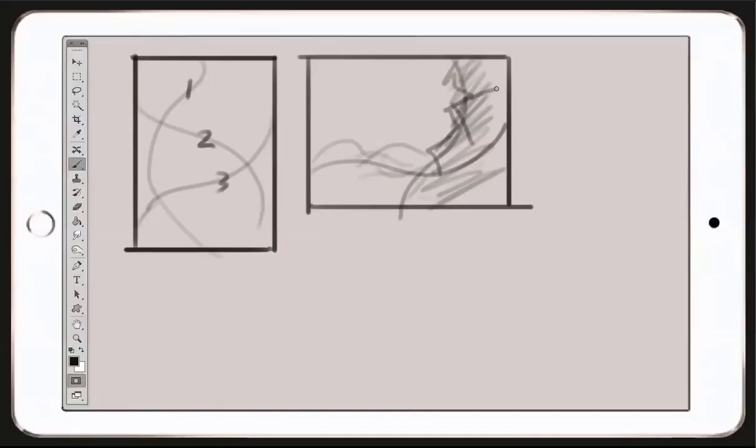So here I have, let's say, these rocks over here, side of a mountain, and then over here I have some figures like that, maybe some figures over here as well.